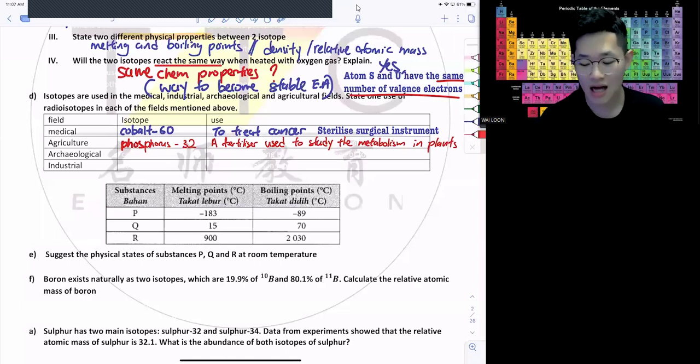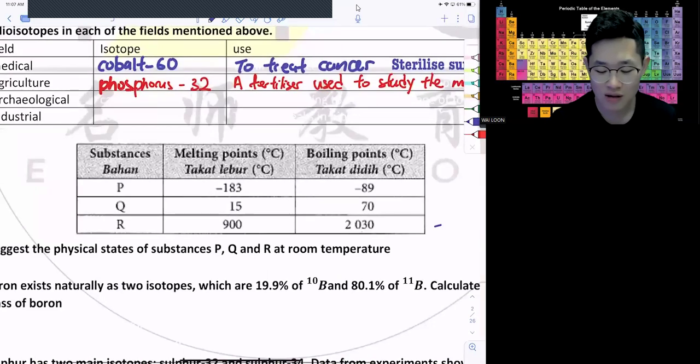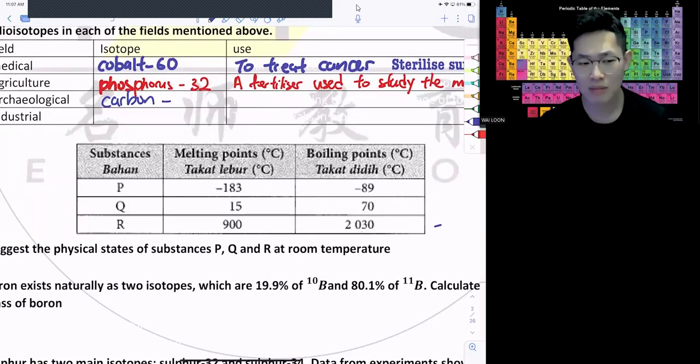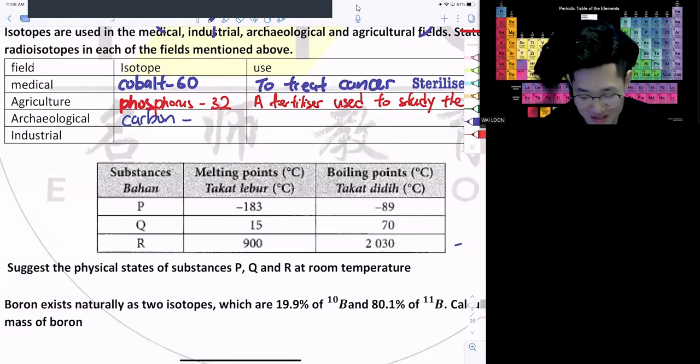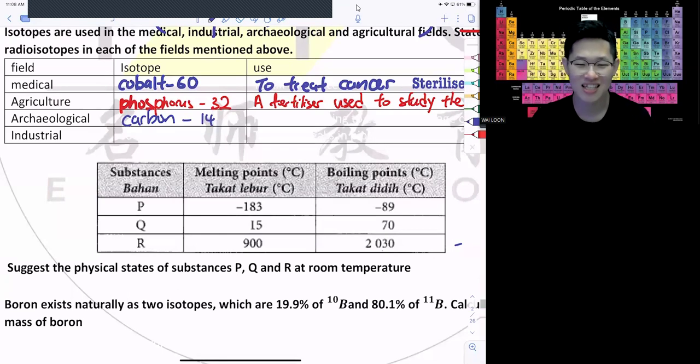Okay. In archaeology, we use carbon how much, guys? Carbon 14.